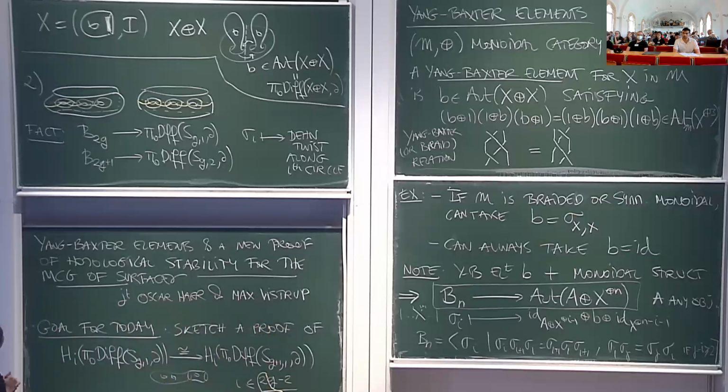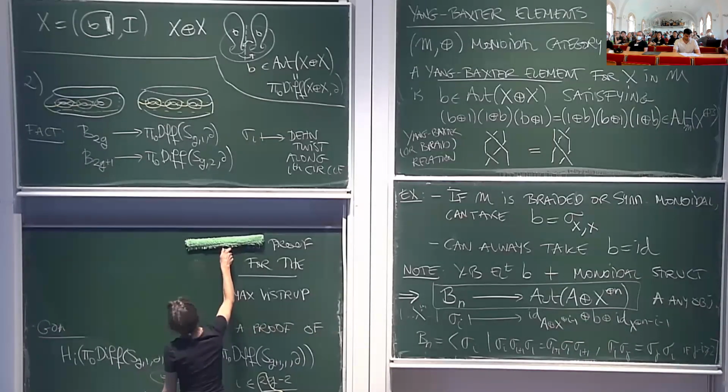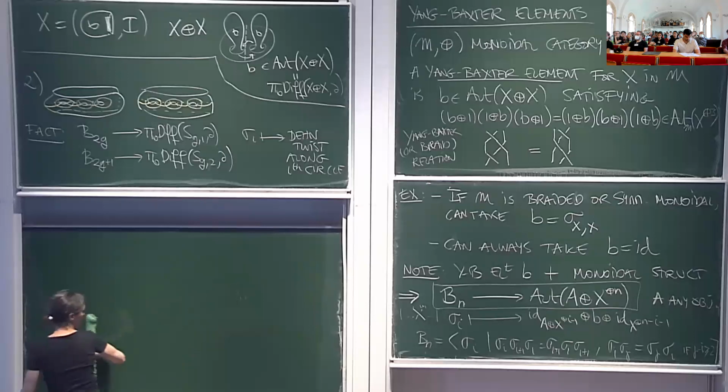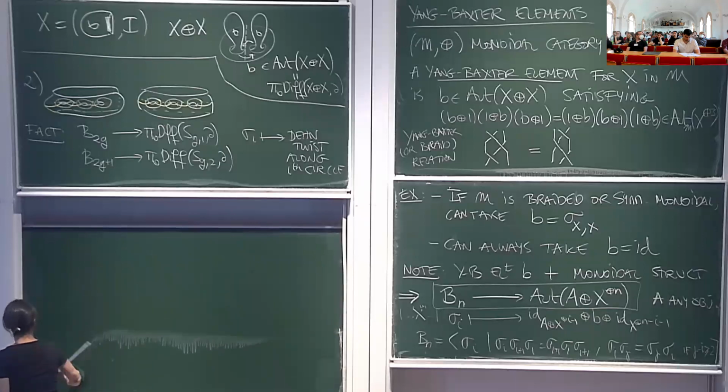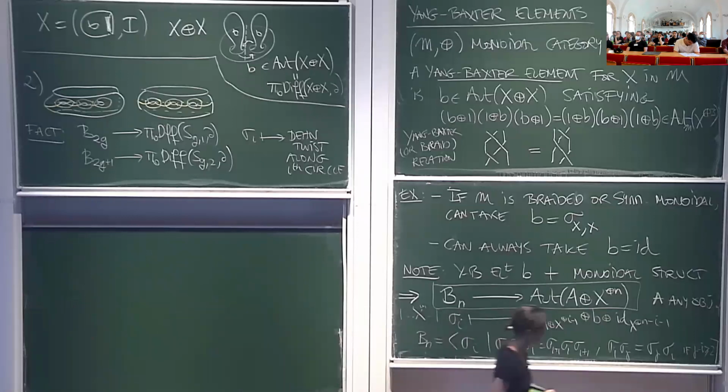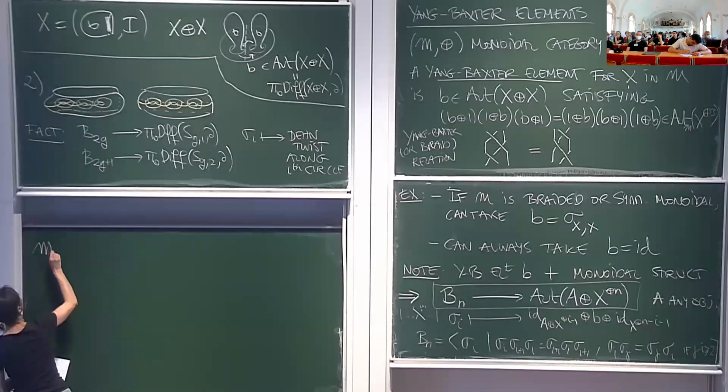Right, so if I want to make this fit in the same framework I'm talking about, then I would want a monoidal category M again, an object X, and then this Yang-Baxter element B. I drew the surfaces in a way that is meant to be suggestive for these things, but maybe it's not so immediately clear.